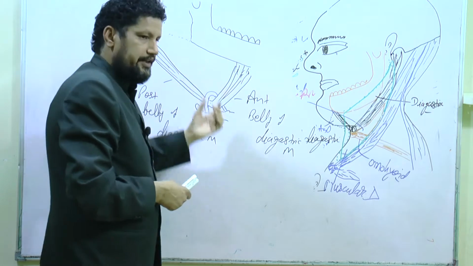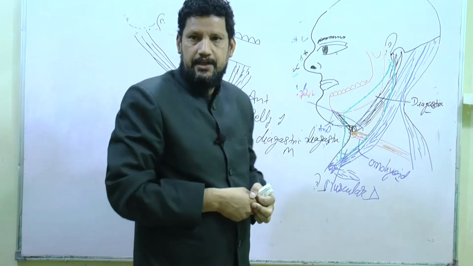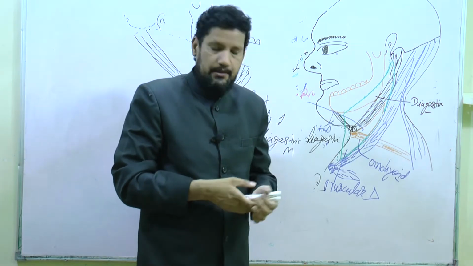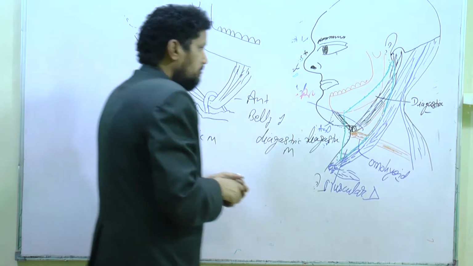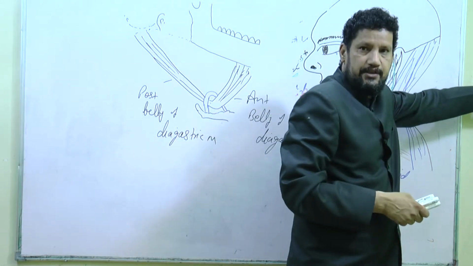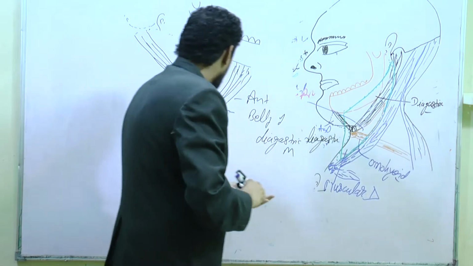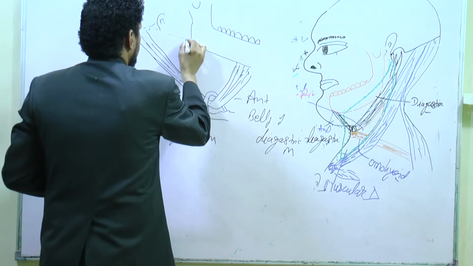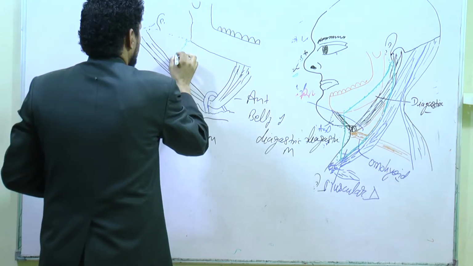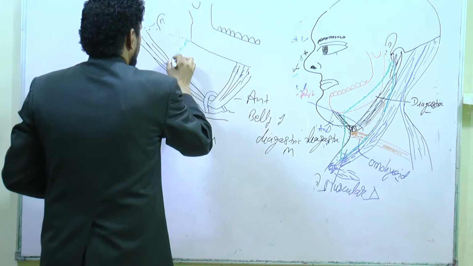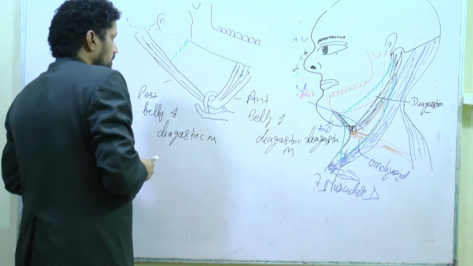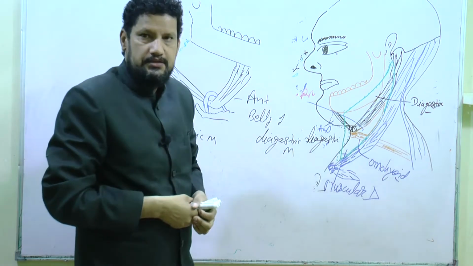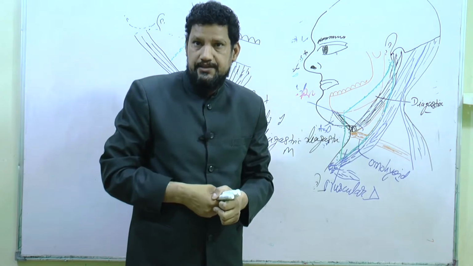So the triangle is divided into a larger anterior part and a smaller posterior part by the stylomandibular ligament. The stylomandibular ligament is running from the tip of the styloid process to the angle of the mandible. This part of the triangle is mainly having the superficial part, not the deep part.